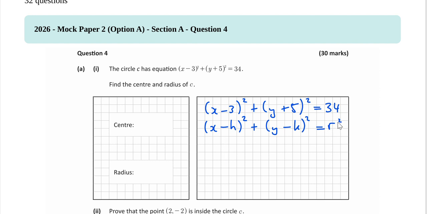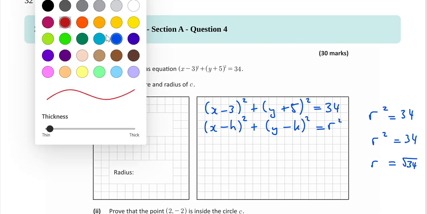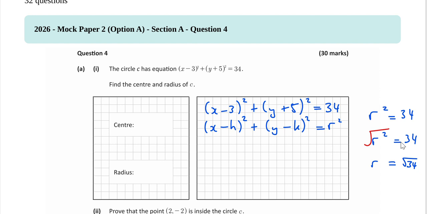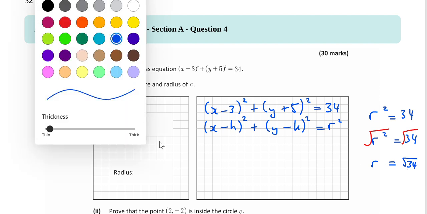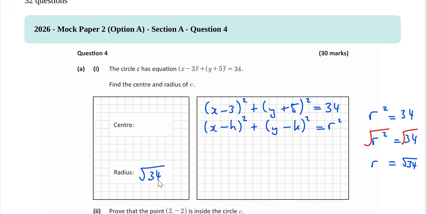Let's work out the radius first, it's the easiest one. r² is equal to 34. Taking the square root of both sides, you get r equal to the square root of 34. So there's our first part, the radius, root 34.